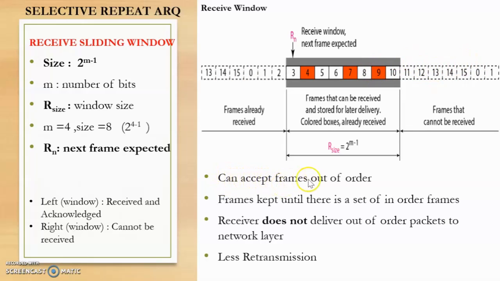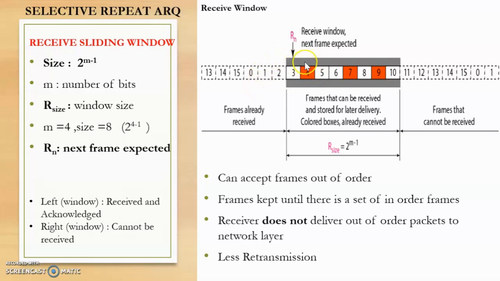Now, one very important point over here is that the receiver can accept the frames out of order. Say for example, in this figure, Rn value is 3, so the frame which is expected by the receiver is a frame with sequence number 3. But suppose a frame with sequence number 4 arrives before frame 3.